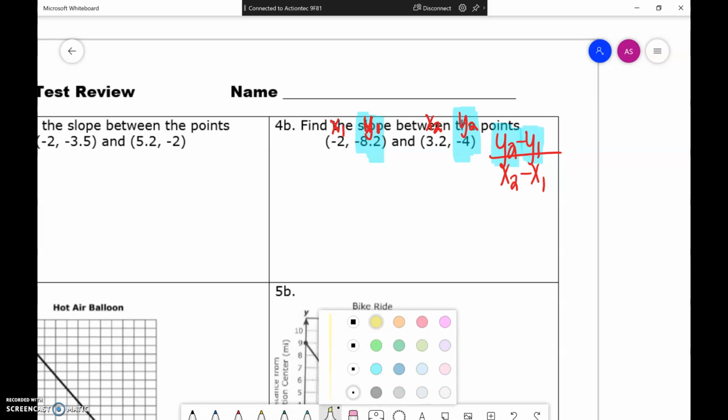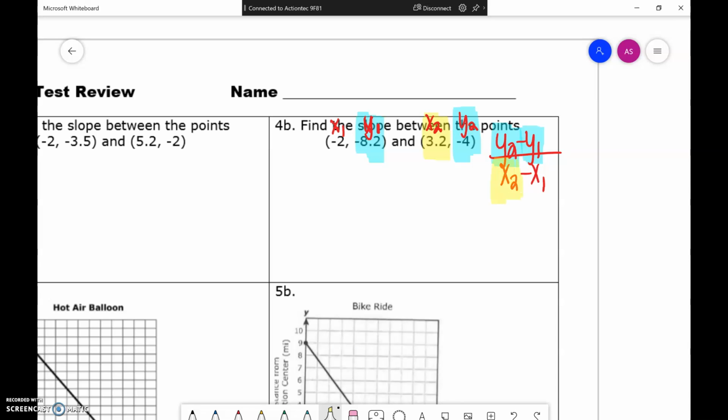Then your x2 will go here, and your x1 will go here. So let's go ahead and write this out. So I'm going to have -4 minus -8.2. So we got to be careful there. Okay. Then I have 3.2 minus -2.